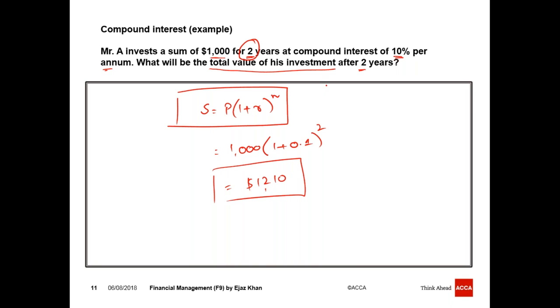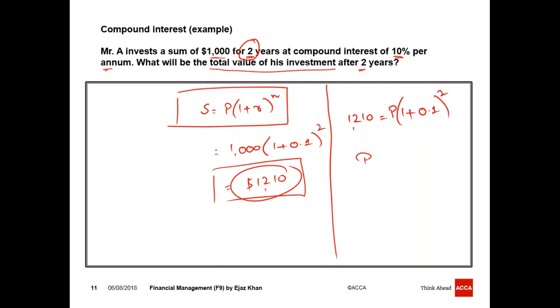So from the same information, if we need to offload the interest, that is, if we need to find out the principal, now we'll use 1210 as our sum. And we'll be putting P as our principal, 0.1 raised to the power 2.